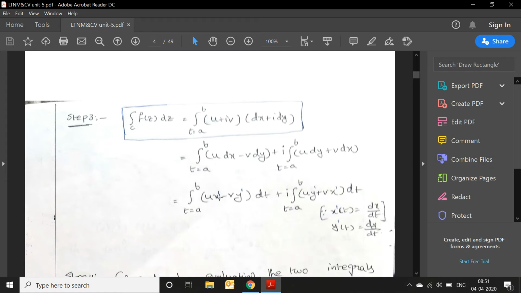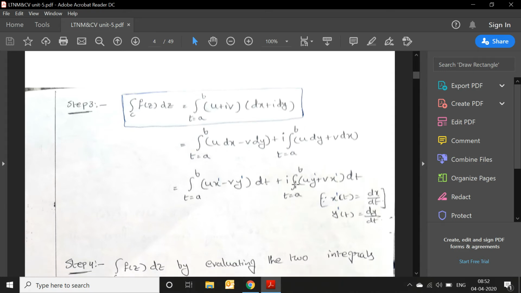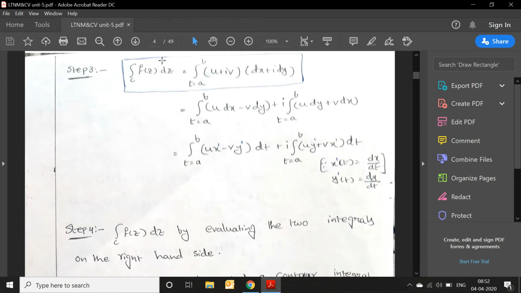After that we can take integral t equal to a to b of u into x dash minus v into y dash into dt. If you write dx by dt, dy by dt into dt, it becomes x dash of t and y dash of t. Then simply we can write x dash and y dash, and similarly for the other term, because of dy by dt and dx by dt into dt. So this is the main formula to find the line integration.